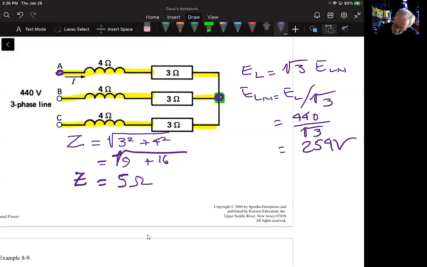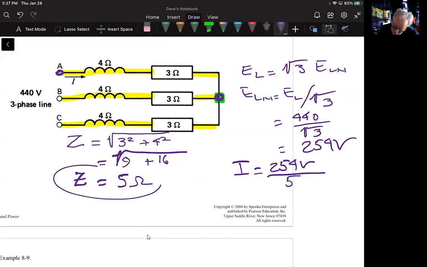If I have 254 volts across there, the current will be 254 volts divided by the impedance in that branch, which is 5.